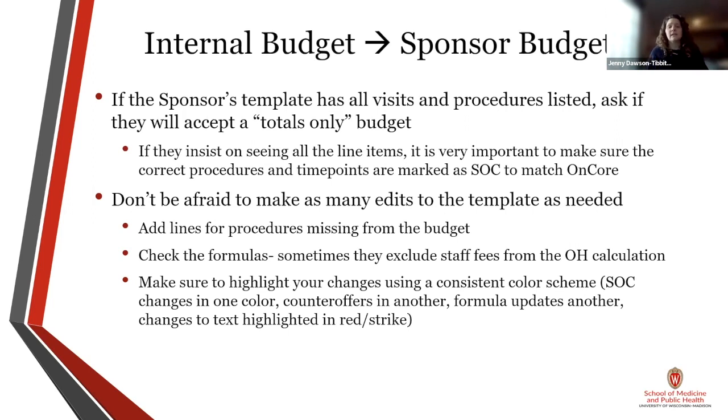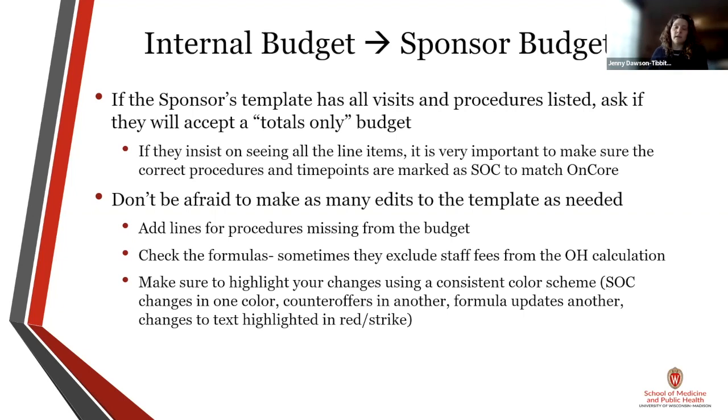And second, if they send a template that is super detailed, like here's all of our visits and here's all of our procedures, and we want you to fill out this huge grid cell by cell, we will go back and ask them if we can do what we call a totals only budget, where we just negotiate a total amount for every visit to shorten up the time that it takes us to revise their template and speed up negotiation. Sometimes they will say yes, sometimes they say no.